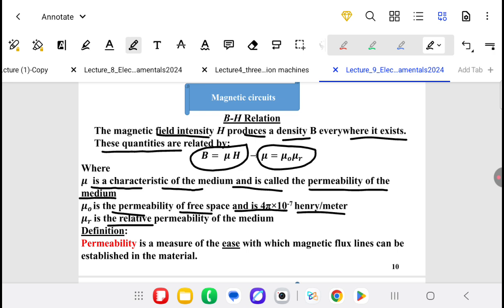Mu r is the relative permeability of the medium, which is the permeability of the material as a multiple of the permeability of free space. What is permeability? Permeability is the measure of ease with which magnetic flux lines can be established in the material. It measures the easiness of producing magnetic flux lines in a material.